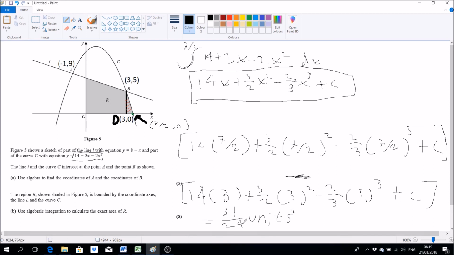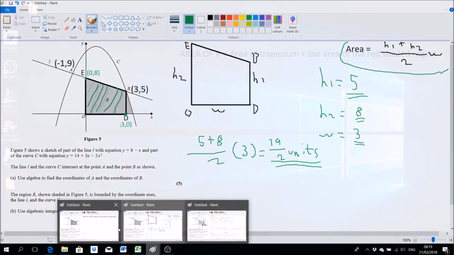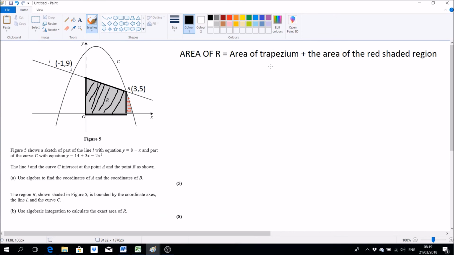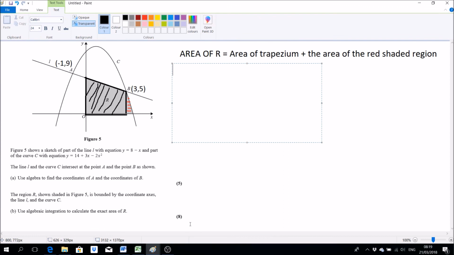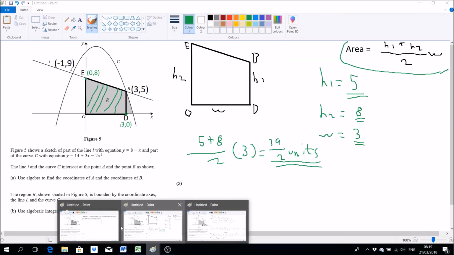Okay, so we have the area of the red shaded region, we have the area of the trapezium. All we have to do is just add them together, which would give us the area of R. So we got the area of the trapezium is 39 over 2 units squared. Right here, 39 over 2.